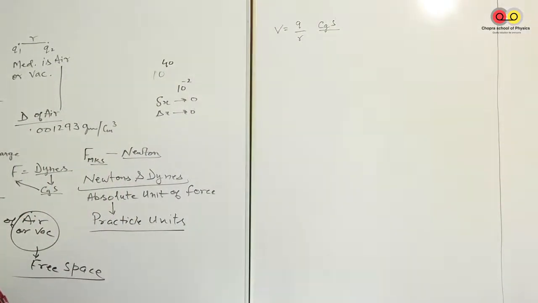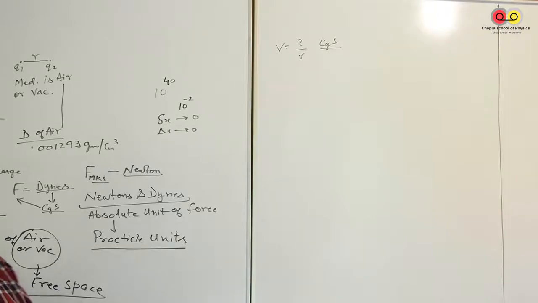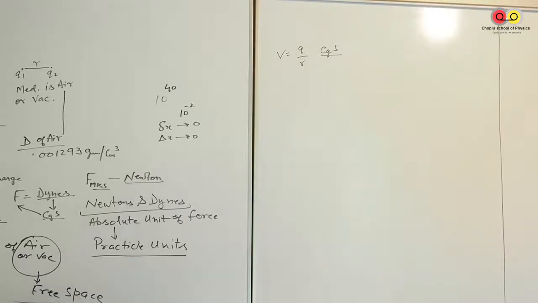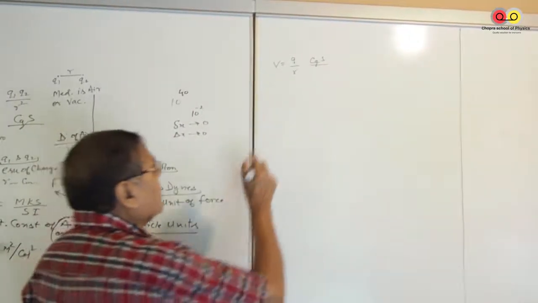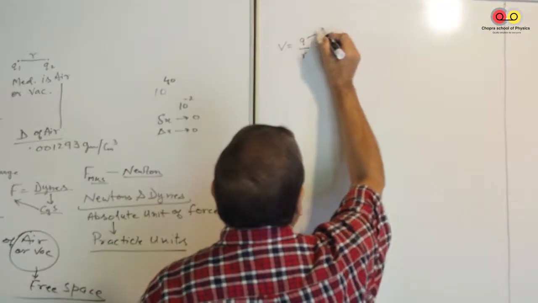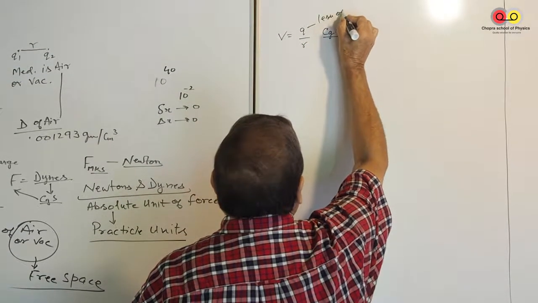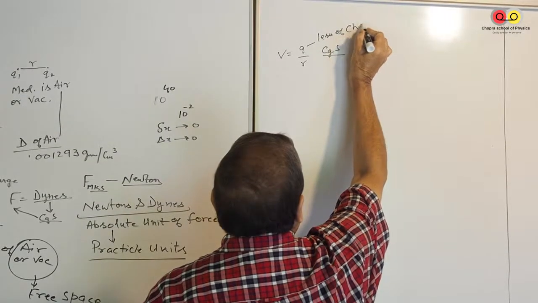So now I have written V for potential, Q for charge, and R, that is the distance at which the potential is to be estimated. So V is Q by R, this is the CGS unit, and you will remember here the charge must be taken in electrostatic unit of charge.